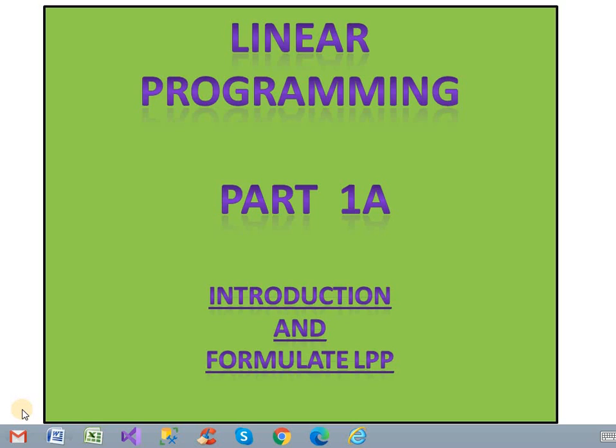So linear programming is something you are learning for the first time in 12th standard. This linear programming is a very interesting part of mathematics, and it is extremely useful in modern industry, modern logistic systems, and in various other applications.